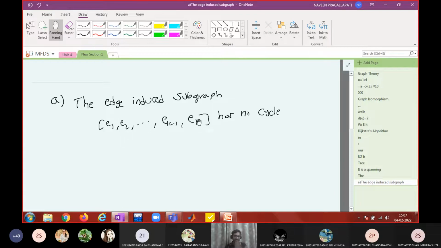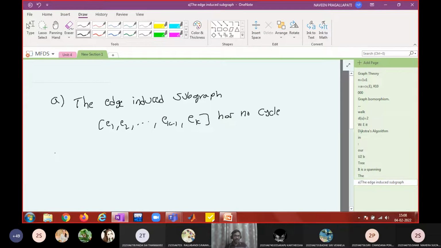If a cycle forms, then don't select that edge, because we are trying to find a tree, and a tree should not have a cycle. The first condition is that the edge should have minimum weight, and if attaching that minimum weight edge to the existing edges produces a cycle, then don't take it. Go for the next best edge.